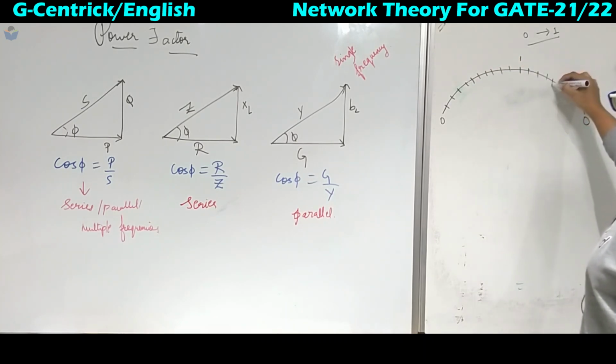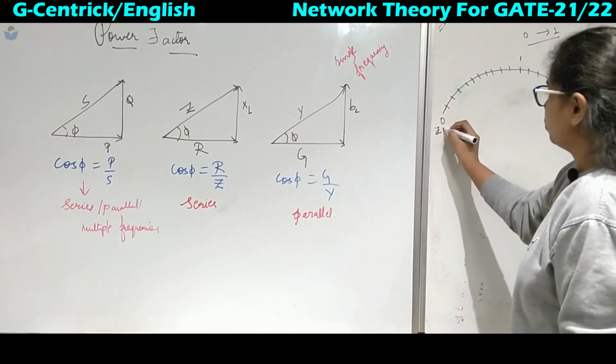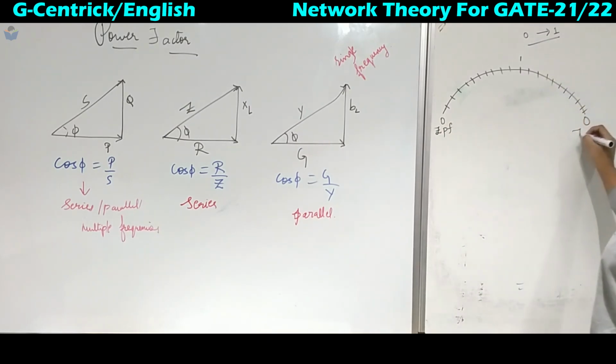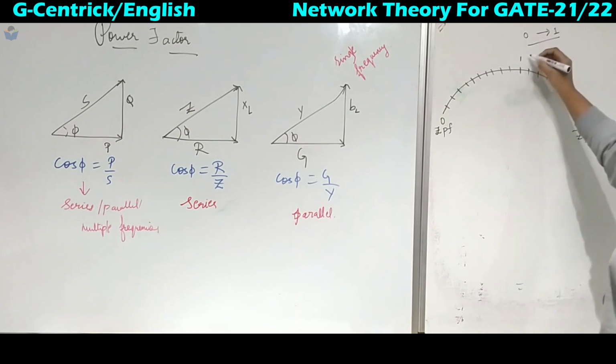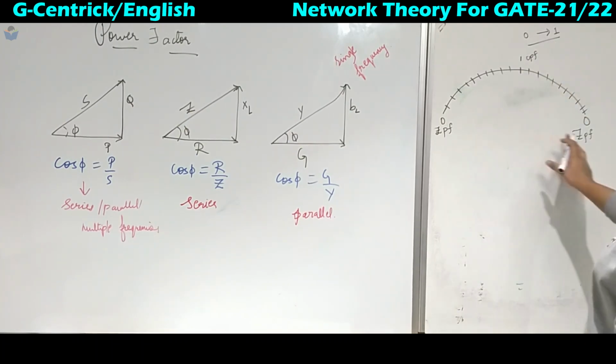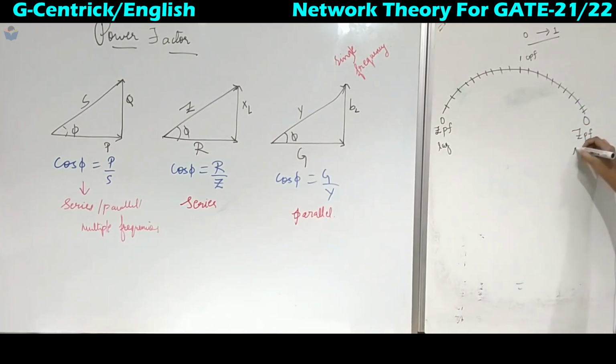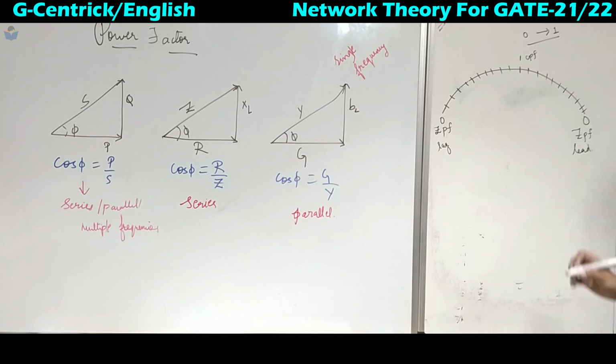In a digital meter we can directly get the values. Coming to this analog meter, this side is 0 power factor, we have 0 power factor here too, and this is the unity power factor. These two zeros are there because one will be lagging and the other will be leading.